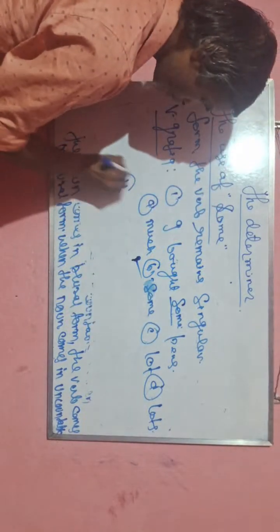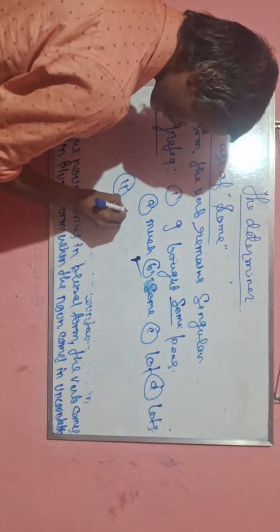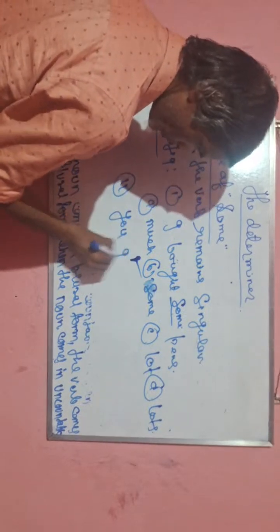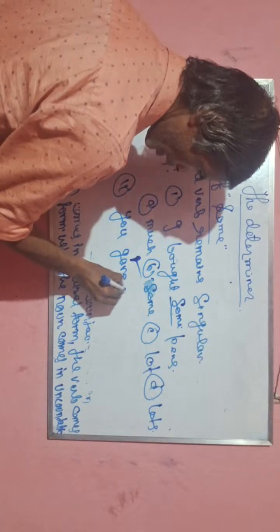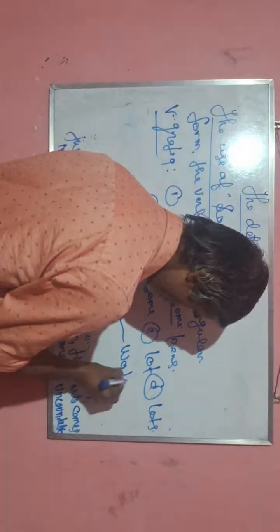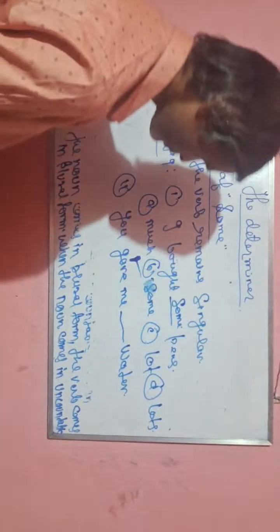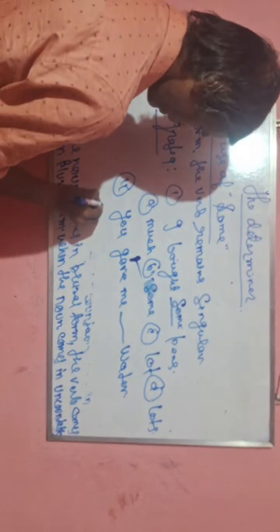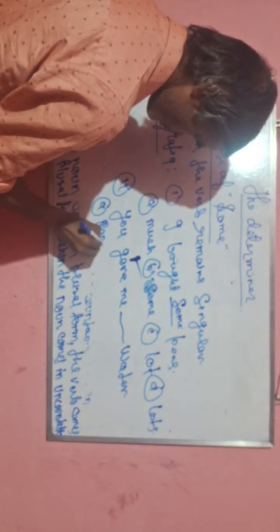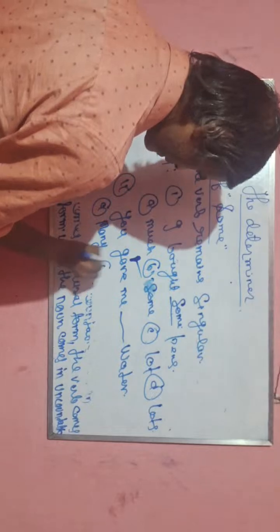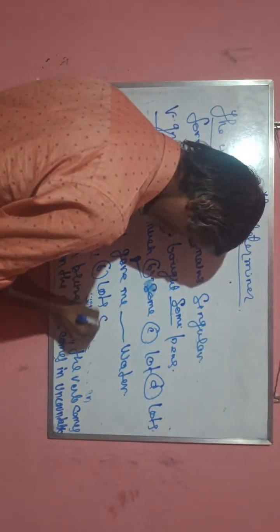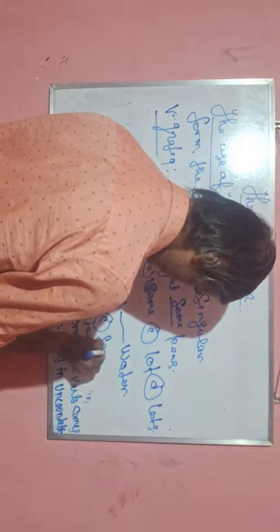Number two, you gave me dash water. Option A, many. Option B, lots. Option C, some.